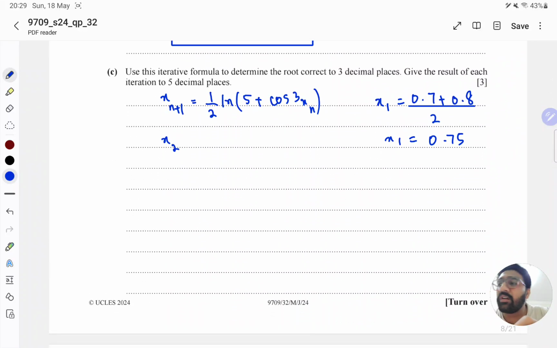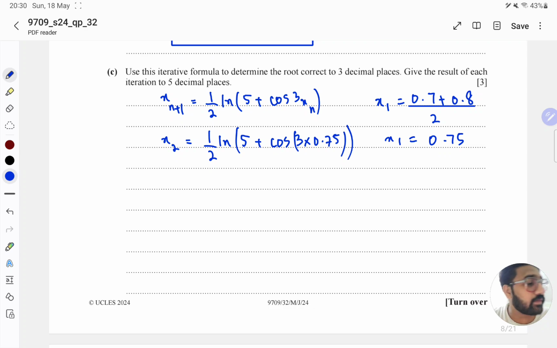I'll find the value of x2 from here, 1 by 2 ln of 5 plus cos 3 times 0.75. Remember that the calculator mode has to be in radians. So let me write 0.5 ln bracket 5 plus cos.